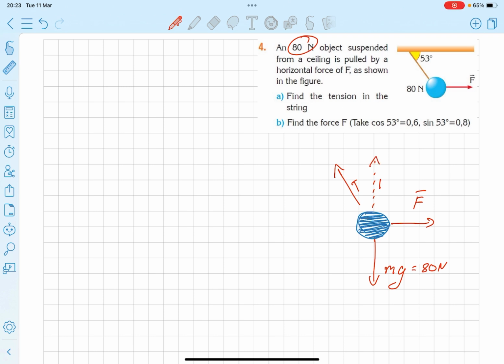This will be tension by Y and, backwards, tension by X. And the angle with the horizontal is, if this angle is 53, that means this angle will be 53 too, because of these two parallel lines here, yeah. So we know the angle with the horizontal, and now we can solve it.